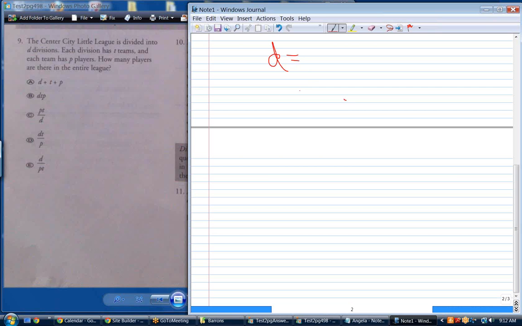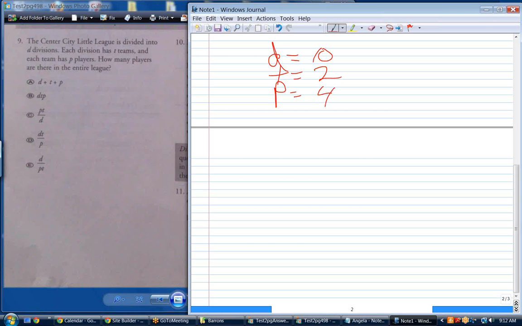Give me a D of 10, a T of 2, and a P of 4. I think it's a good idea to pick different numbers in a situation like this. In other words, don't pick 10, 10, and 10, or even 10, 2, and 2.